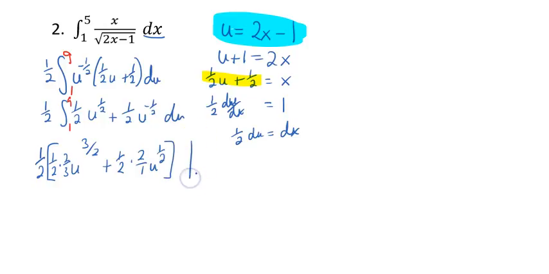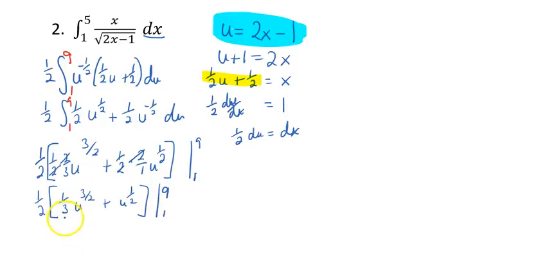And I'm evaluating from 1 to 9, but I'm going to simplify first. So I have 1/2, and my 2's will cancel, so I'm going to have 1/3 u to the 3/2. And then the 2's cancel here, so I just have 1 times u to the 1/2. And evaluating from 1 to 9.